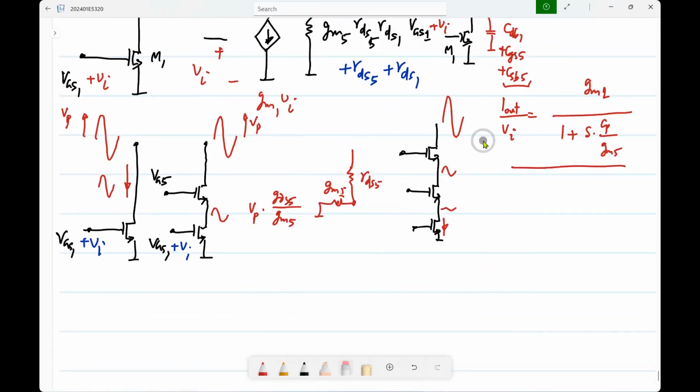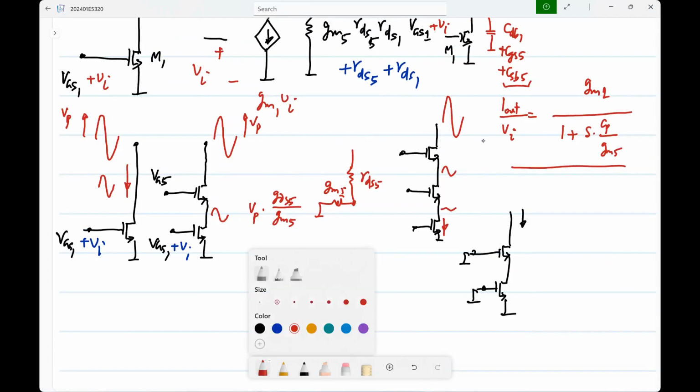So now what happens to the output impedance at high frequencies? For calculating the output impedance, both these are incrementally grounded. And we know that at DC, you get that very high cascode impedance. Now, what happens because of this? If you have that parasitic capacitance, what will be the output impedance at very high frequencies?